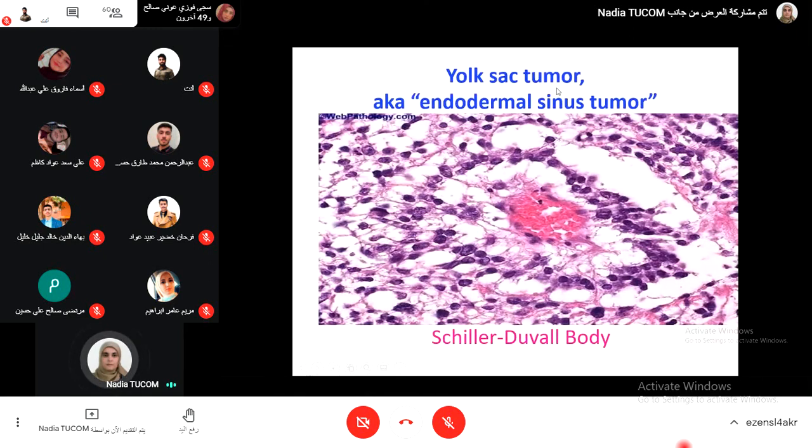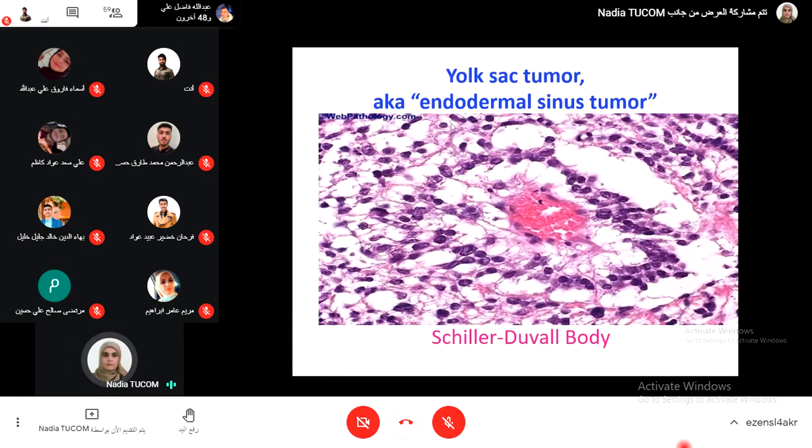The yolk sac tumor occurs in a younger age group, affecting children. Also called endodermal sinus tumor, a malignant tumor of the testis of germ cells, which we call non-seminomatous germ cell tumor.